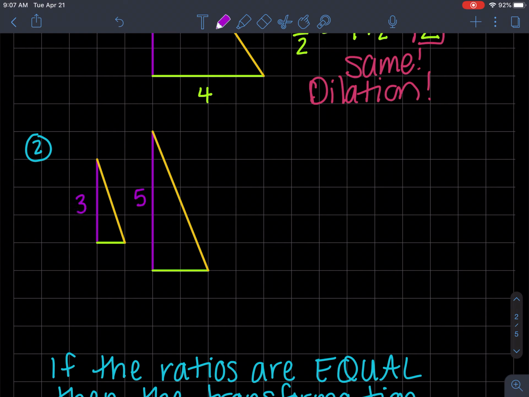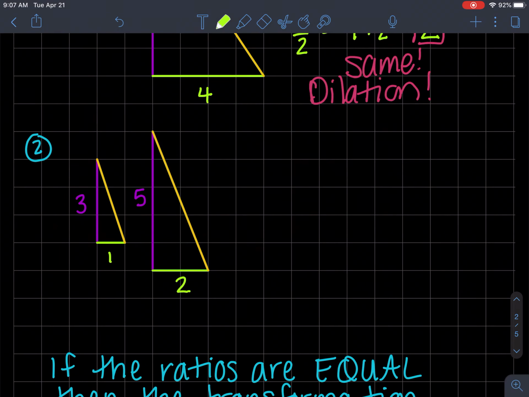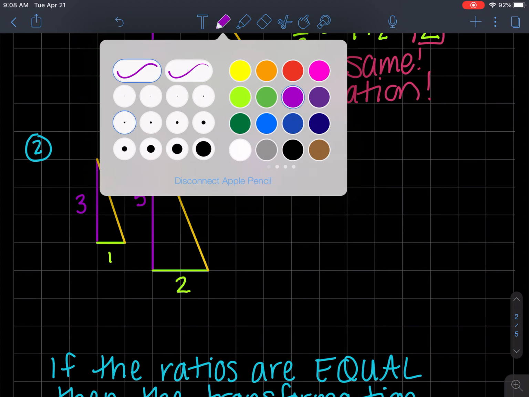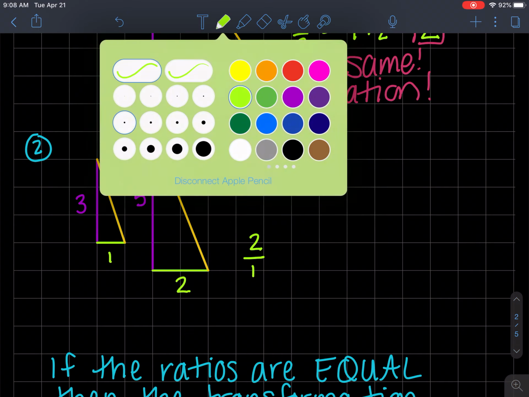I rushed. 3 and 5. 1, 2, 3, 4, 5 for our purple sides, and 1 and 2 for our green sides. All right, so now we're going to make our ratios. So second shape numerator, first shape denominator. Second shape numerator, first shape denominator. I'll just leave it as green.